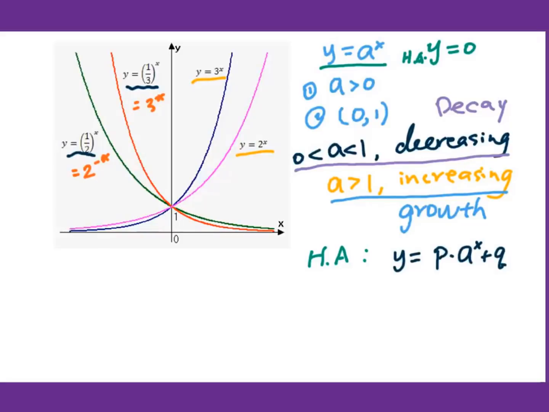For the general form, that's p times a to the x power plus q. We know that a to the x power means y greater than 0. I multiply by p, that's still greater than 0 when p is positive. Then I add q, that means y greater than q, that's the range.